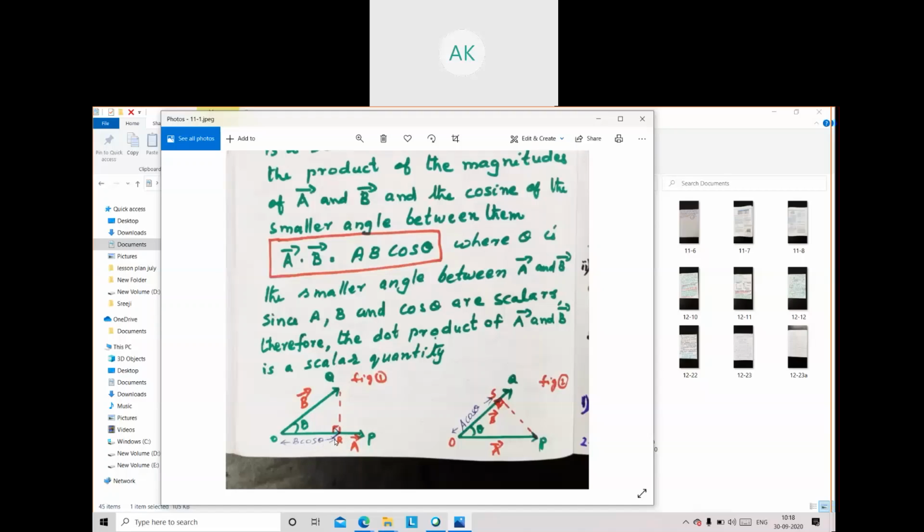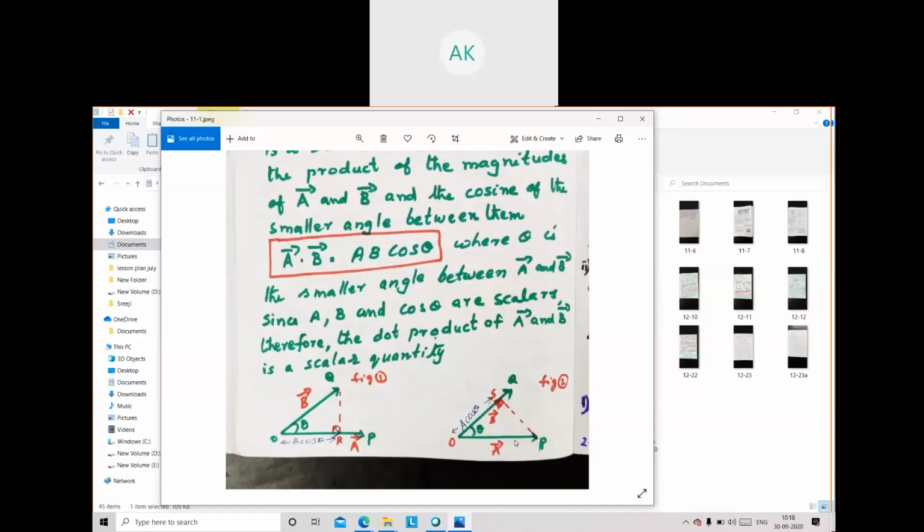So we can also explain it like this: magnitude of vector A into component of vector B in the direction of A. This can also be explained in that manner.